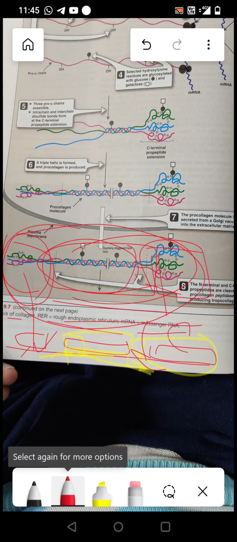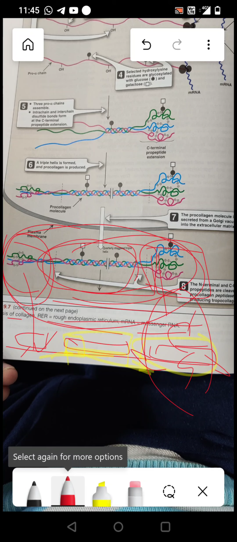This is a tropocollagen, this is another tropocollagen put together. If I were to take one single plait of hair, the gap is one-fourth the plait of the hair. That is why you call this quarterly staggered triple helix. Got it? Fantastic.